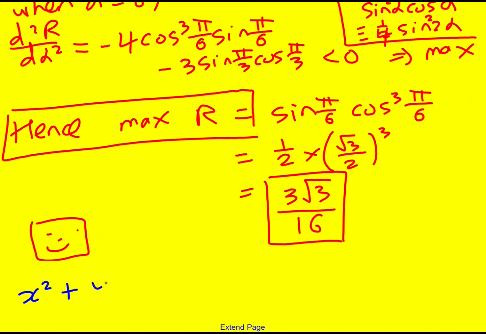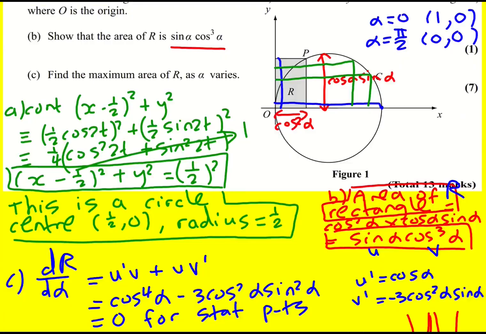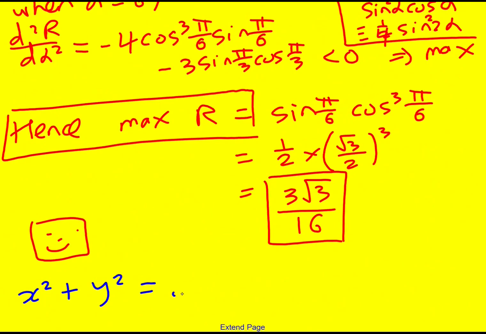So if we do x squared plus y squared, I'm just not going to do double angle formulae, then x is cos squared. So I'm going to get cos to the 4t, and y is sine t cos t. I'm going to get sine squared t cos squared t.